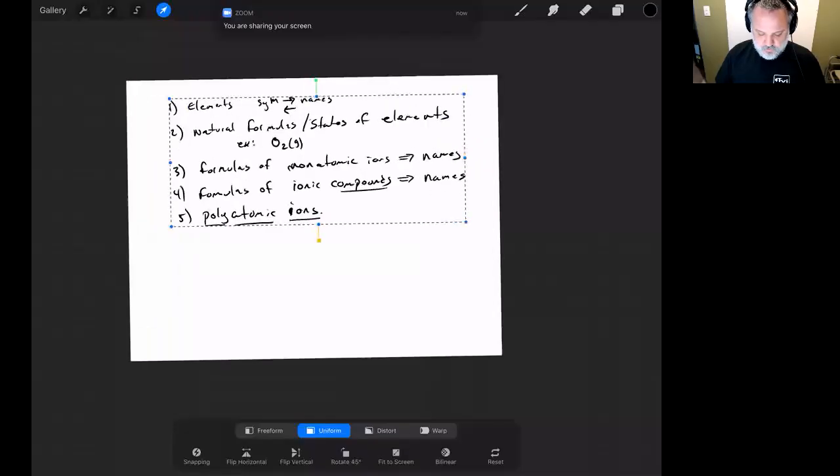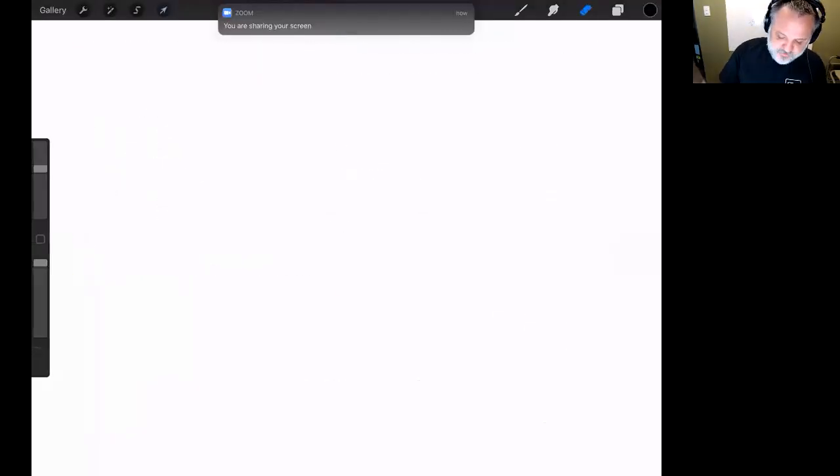You're going to be able to sort out the charges. Even with transition metals, I'll always give you something that'll help you figure out the charge. Well, what's up with these polyatomic ions then? Let me give you an example.